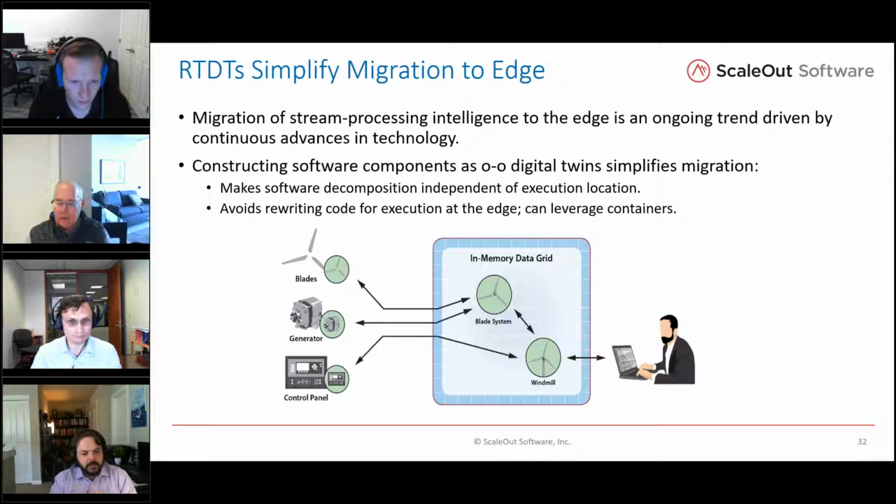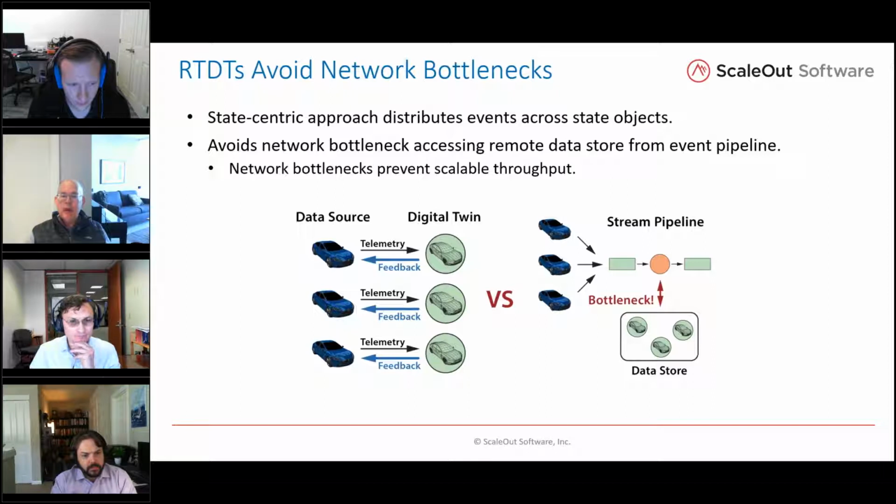So for example, the sensor hubs on trucks are becoming powerful enough that some of the digital twins we run in the cloud could then migrate to the trucks themselves. So they avoid network bottlenecks because you can transparently scale by just adding more twins across servers in an in-memory data grid.